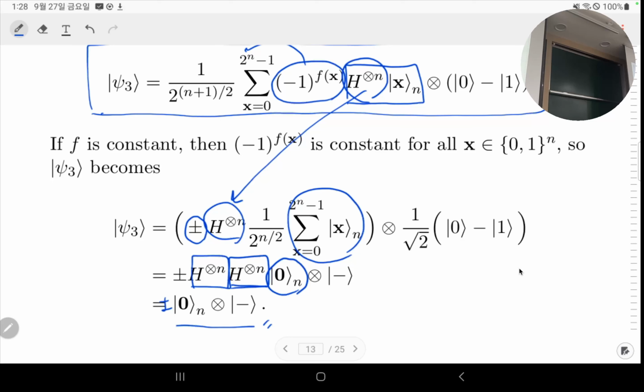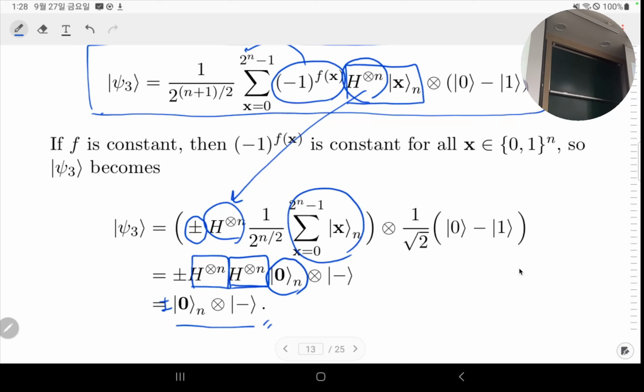So what we're doing here at the final stage, when we apply the Hadamard the second time, is applying Hadamard on this prepared state. That's only because we assume that the function is constant. If it's not constant, I cannot take this sign outside of the sum, right?